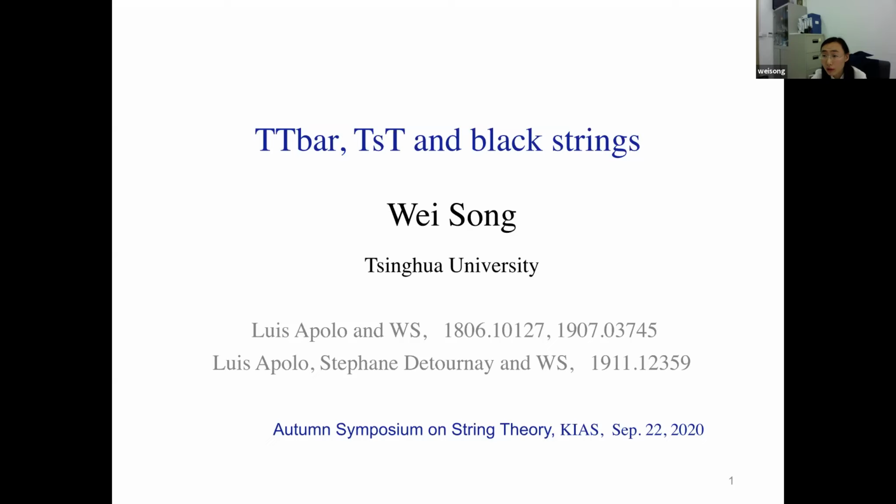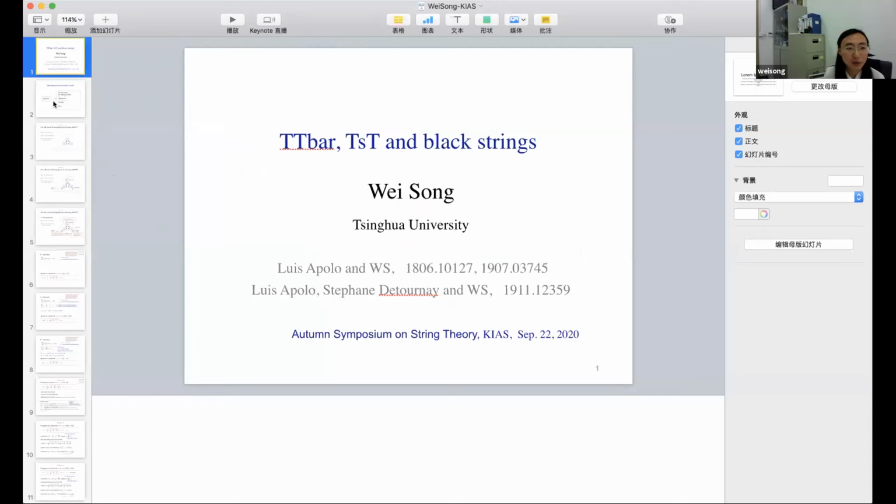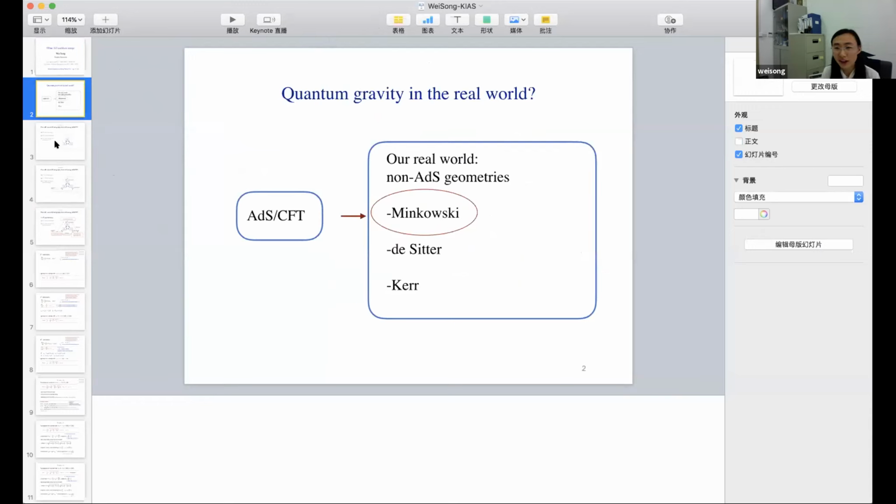Wait, sorry. Are you still in the first page of the slide, or are you turning your slide? I'm turning my slides. Can you see it? No. We are still on the first page. Oh, sorry. Can you? Oh, yeah, we can see this. I'm already on page 5. No, somehow we couldn't see the other pages. Oh, sorry. What am I going to do? Can you see it now? Yeah. It's fine. This is fine.